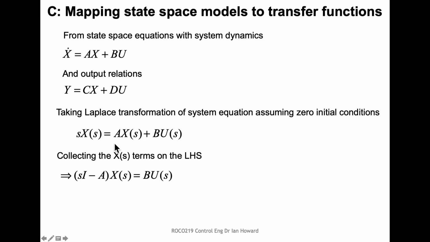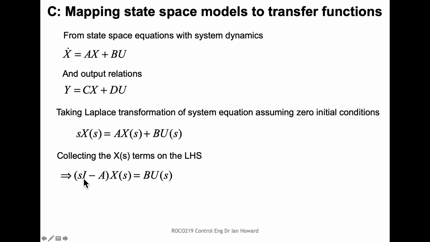So if we take the A x of s away from both sides, we end up with s x of s take away A x of s, and then we factorise out the x. But we can't just factorise out and leave the s on its own, because it needs to multiply by the identity matrix, since we're going to take the A away from it.